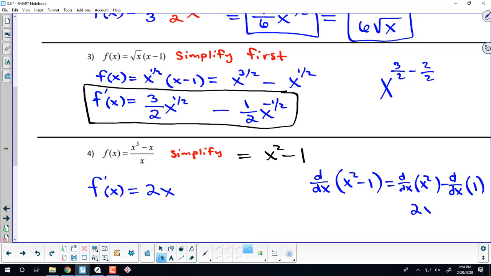So that's much simpler to do. Even when we look at how to take the derivative of a quotient, something like this that you can simplify is probably 5 times or more easier to do if you simplify it first.